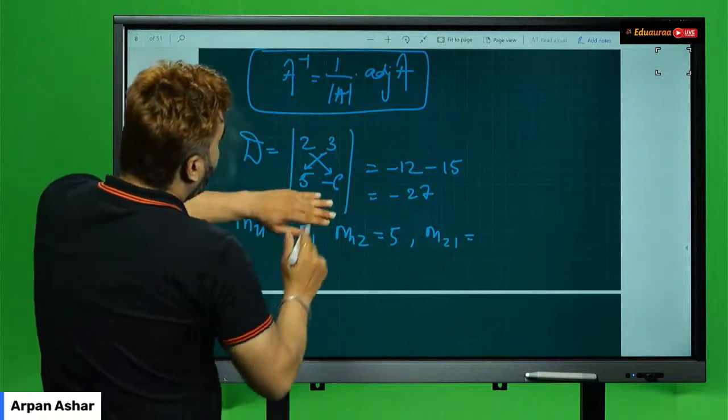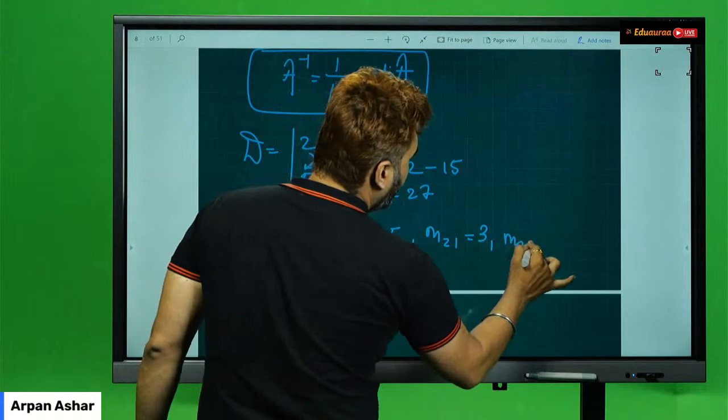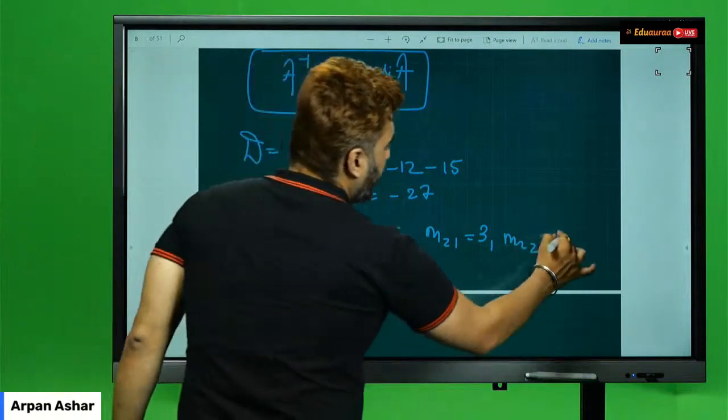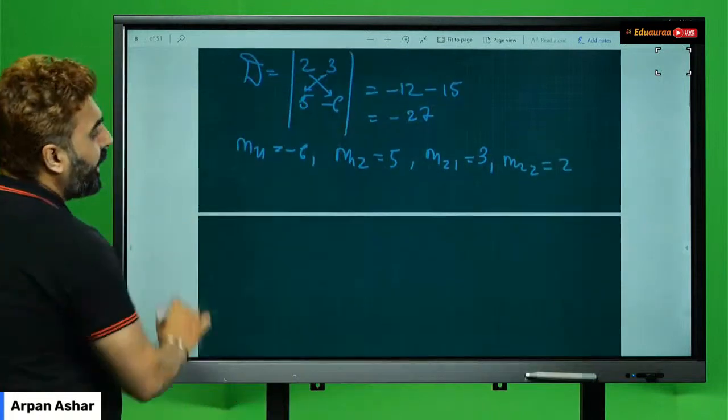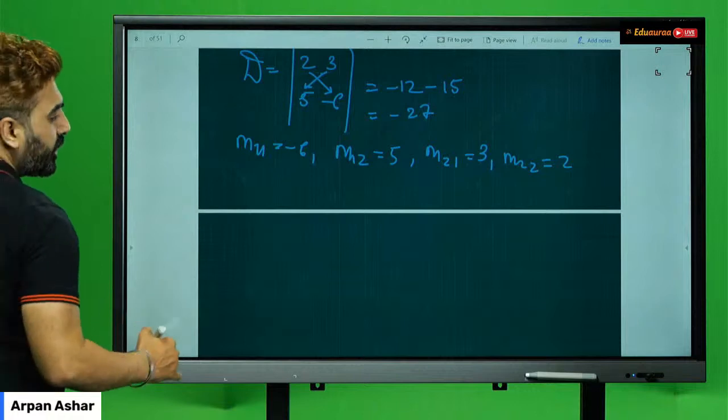M21 के लिए remove this row and column, 3. और M22 find करने के लिए remove this row and column, that is 2. Once you find minors, cofactors are easy to find. Shortcut, what is the shortcut?